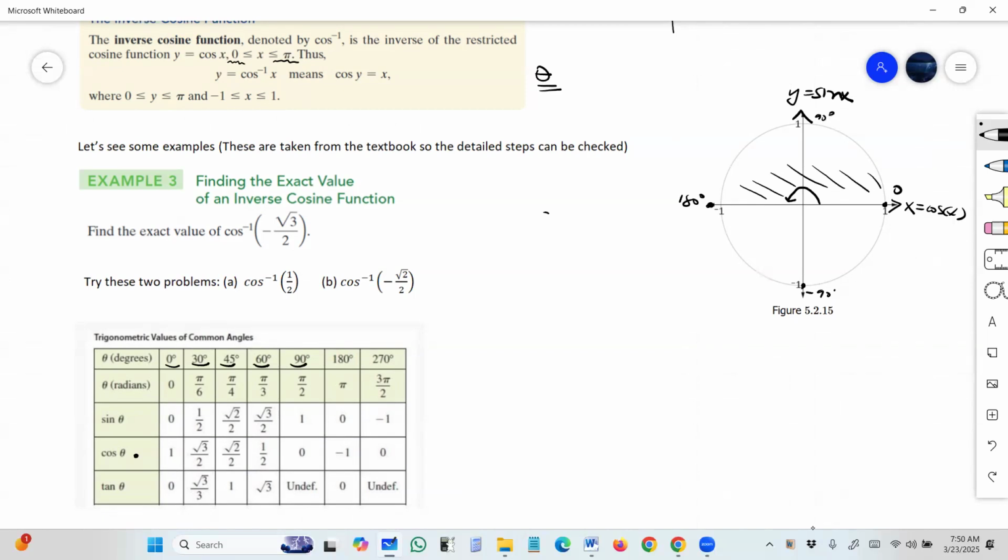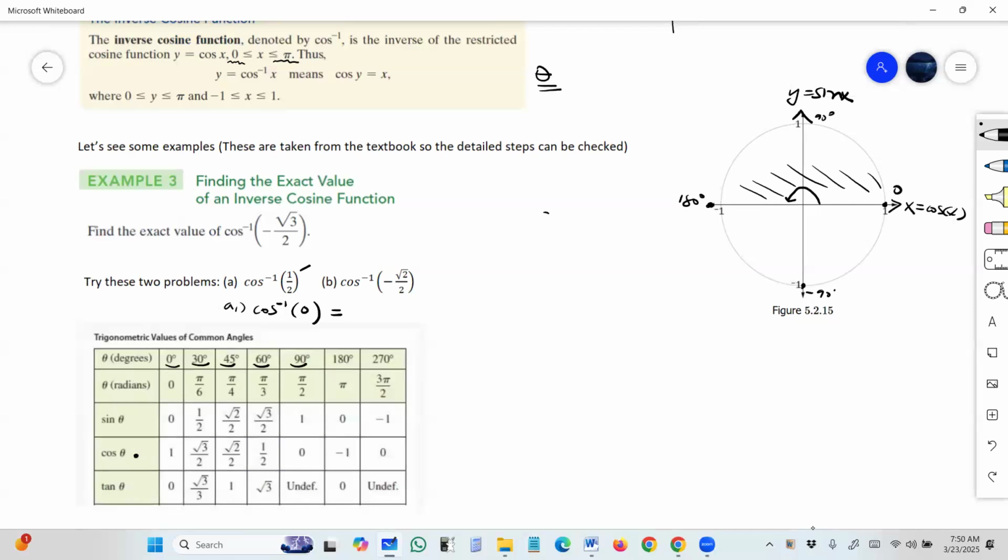So let's take a look. I have three examples, and I'll give you a couple more. Let's first look at this one. For the positive values, it's very easy. In fact, here I'll give you another one: cosine inverse of 0.